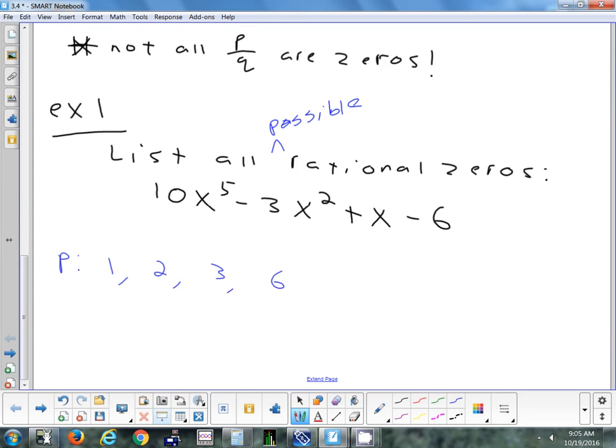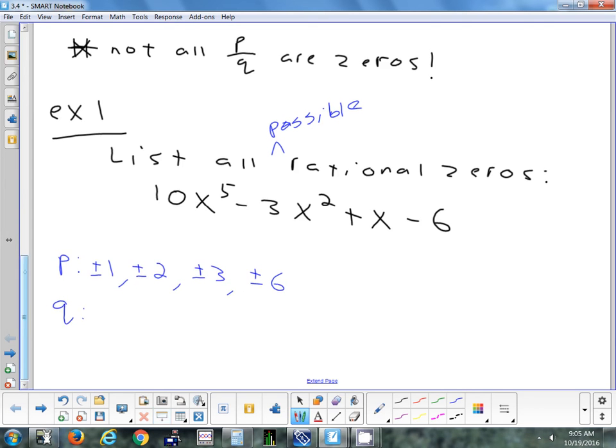And does anybody see there's 4 other numbers that divide into -6 without a remainder? Yep. -1, -2, -3, -6. Yeah, all their negatives. Okay, so positive or negative 1, 2, 3, 6.